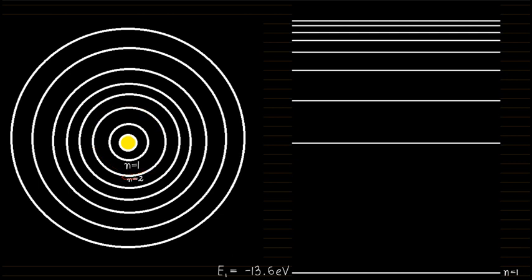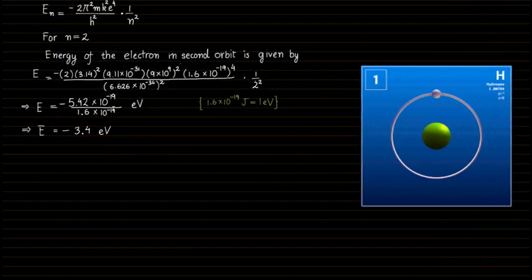For your second orbit, n equals 2. Similarly, instead of n, substitute n equals 2. Therefore the energy of the electron in the second orbit can be written as minus 2 times 3.14 whole square times 9.11 times 10 to the power minus 31 kg times the force constant 9 times 10 to the power 9 whole square times the charge of the electron 1.6 times 10 to the power minus 19 to the power 4 upon 6.626 times 10 to the power minus 34 whole square, and n equals 2.